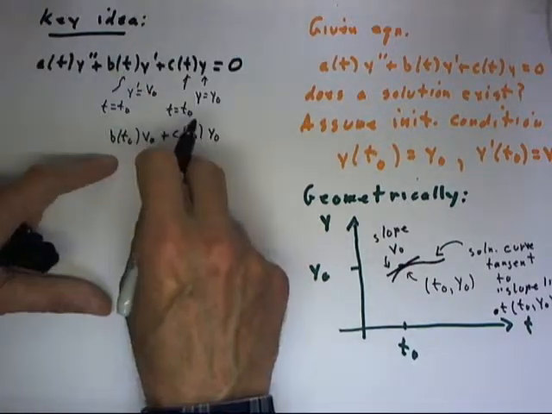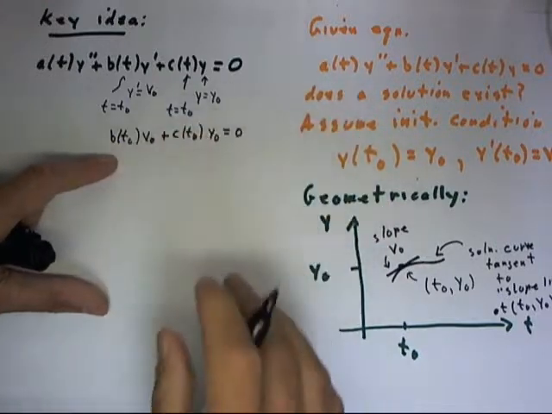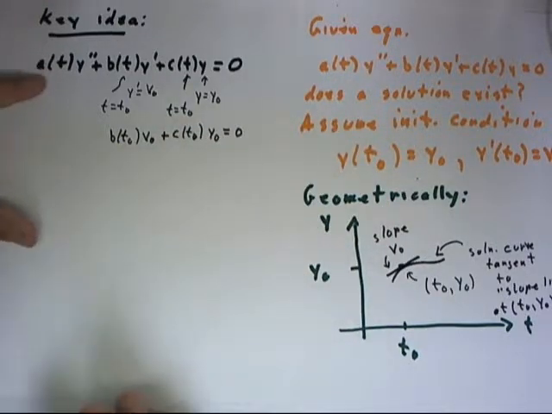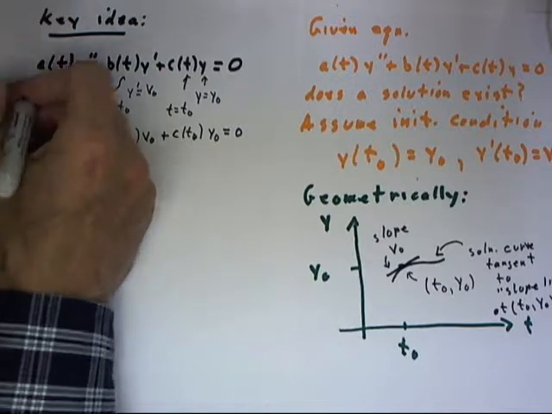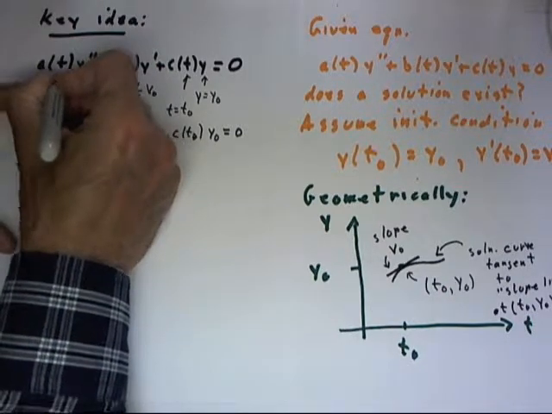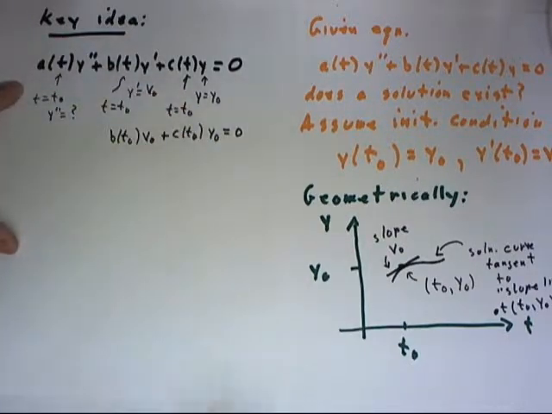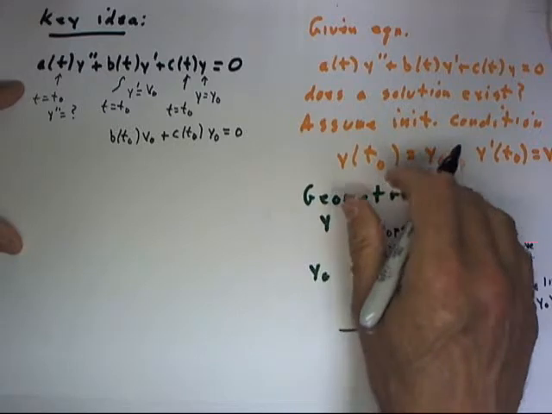Now we can see that we're building up the terms of this equation, so let's go ahead and put the equals 0 here. And what do we get here? Well, again, we know that t equals t naught. We don't know what y double prime is. That hasn't been specified.